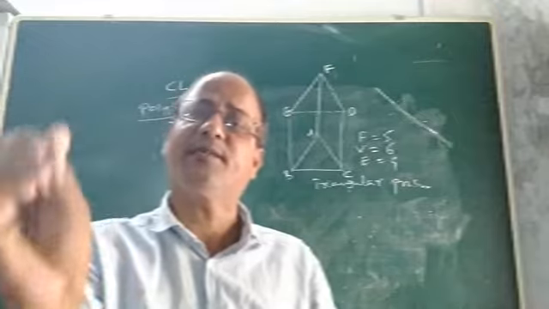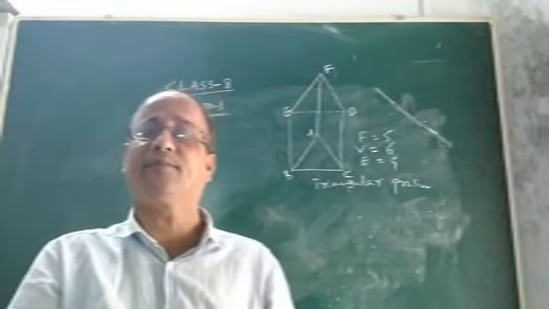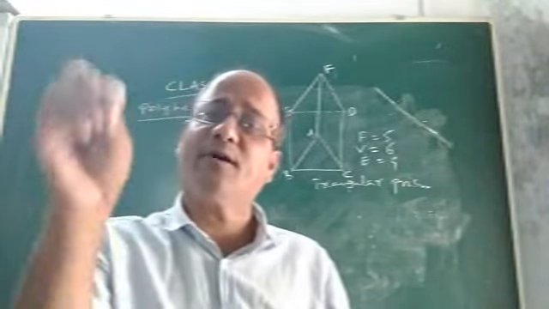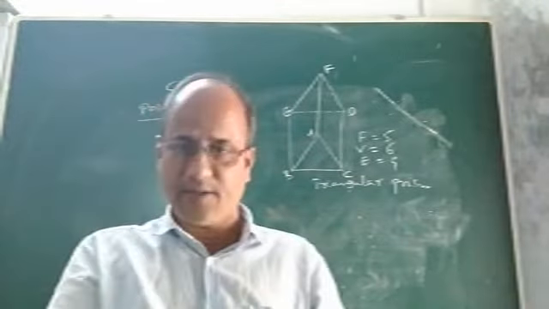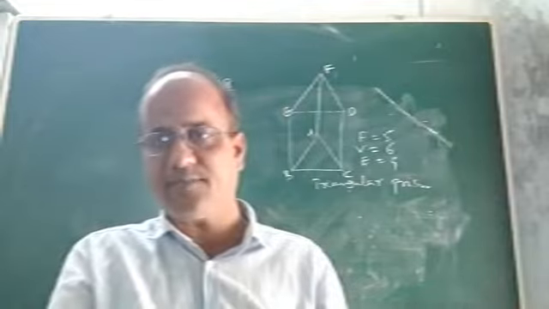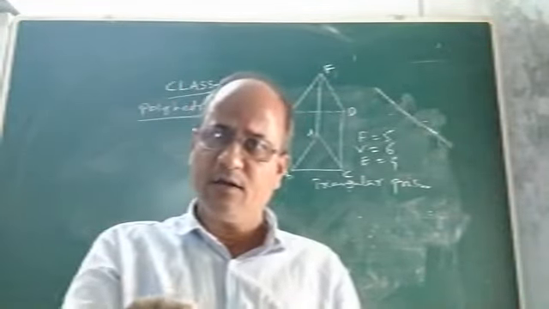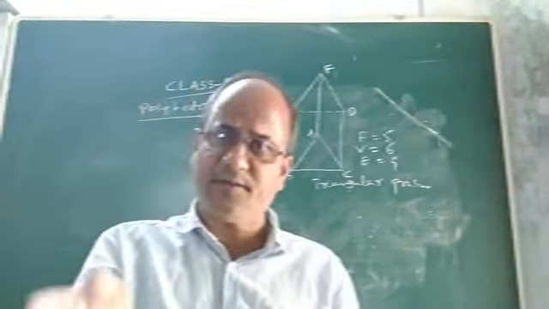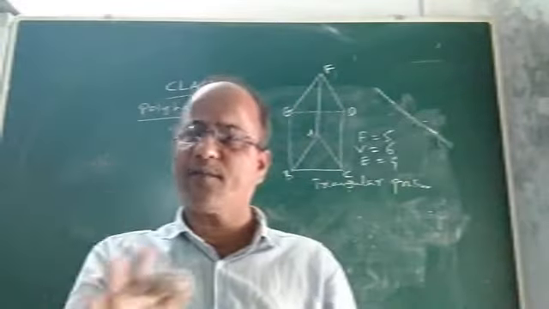So how do we name the prism or pyramid? We must see on which base it stands. If the prism stands on a triangle, it is a triangular prism. If it stands on a rectangle, it is a rectangular prism. If it stands on a square, it is a square prism, like this.